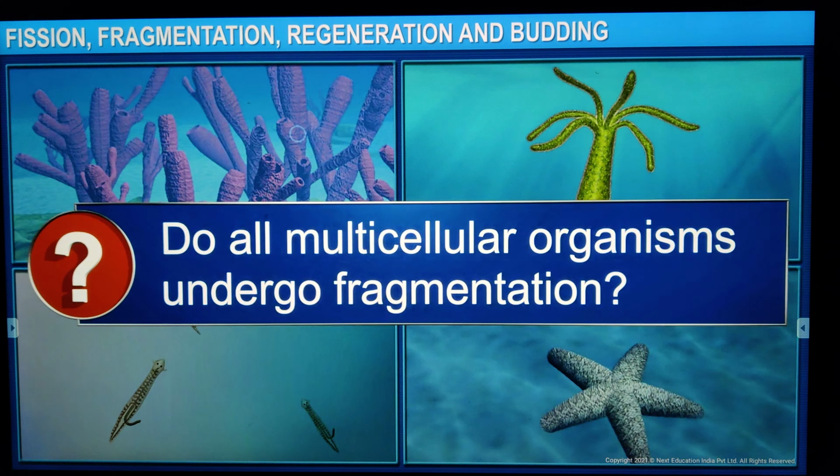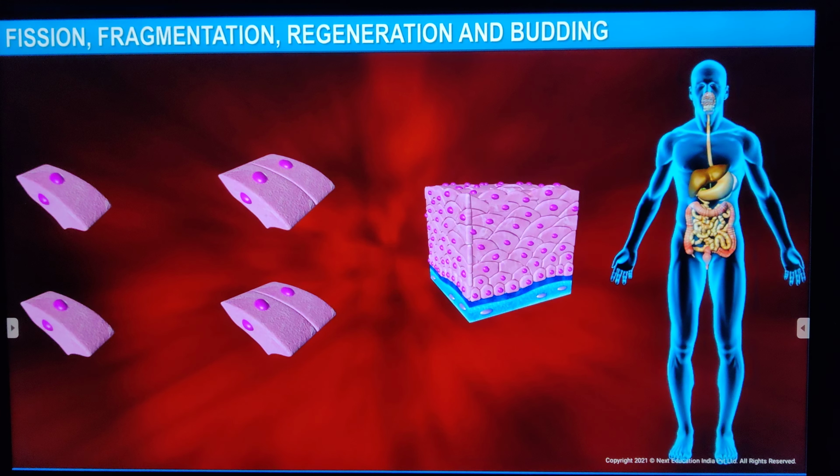They consist of specialized cells organized as tissues. Tissues are organized into organs, placed at definite positions on the body of the organism. Cell division wouldn't lead to another individual in such cases.